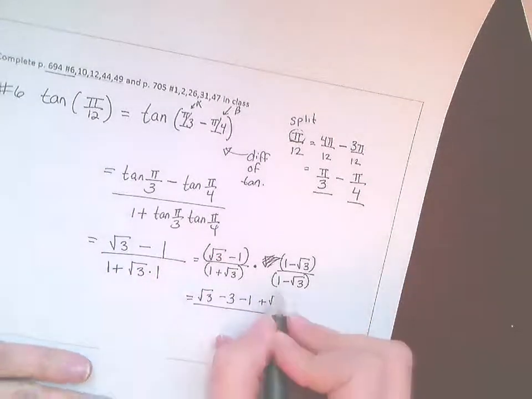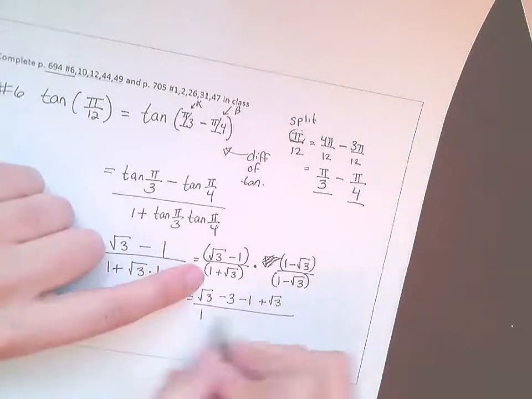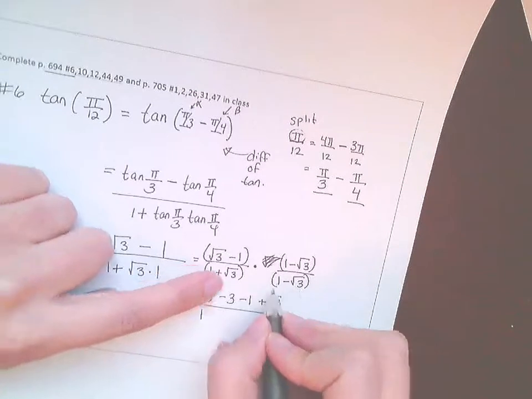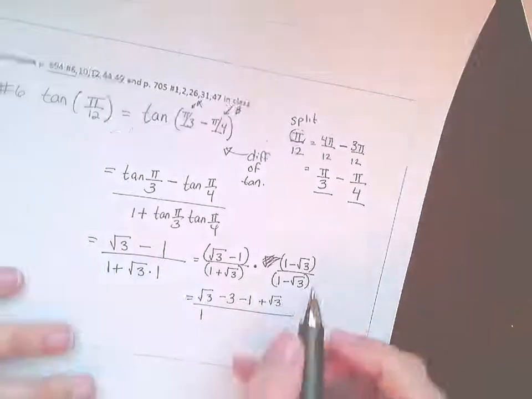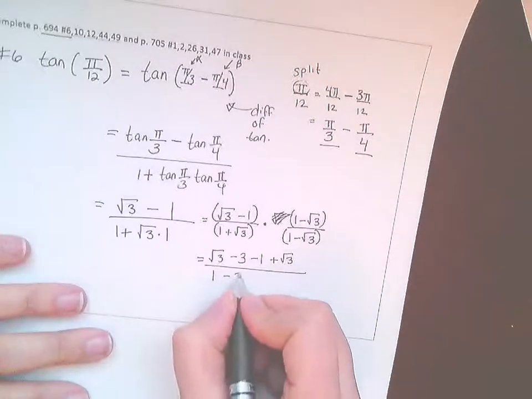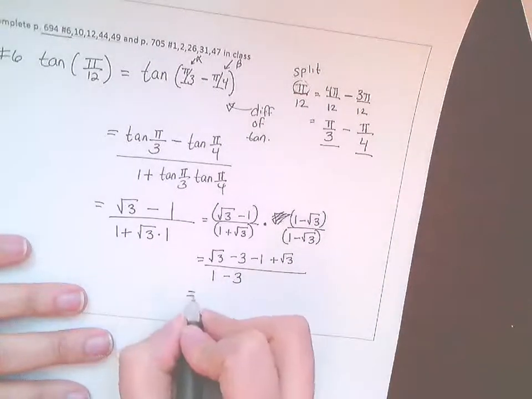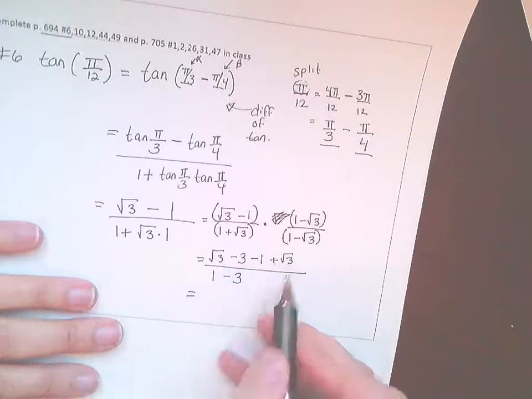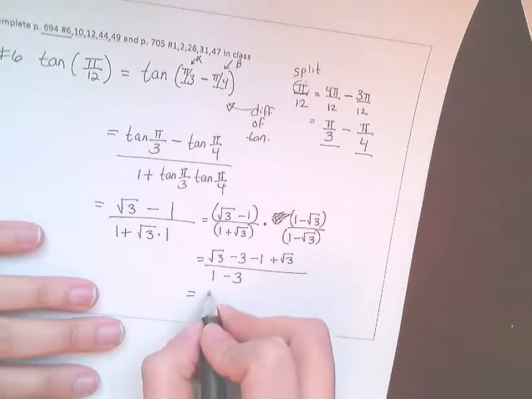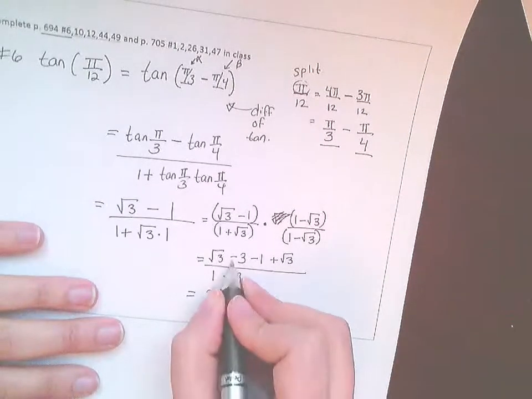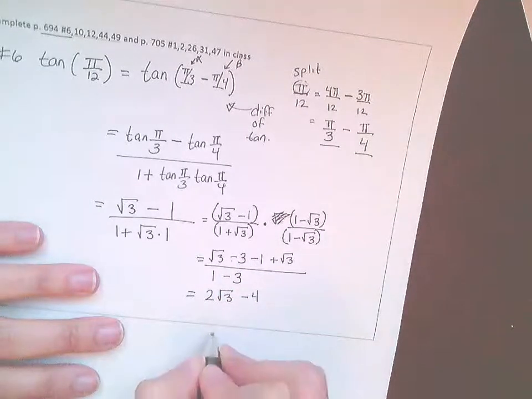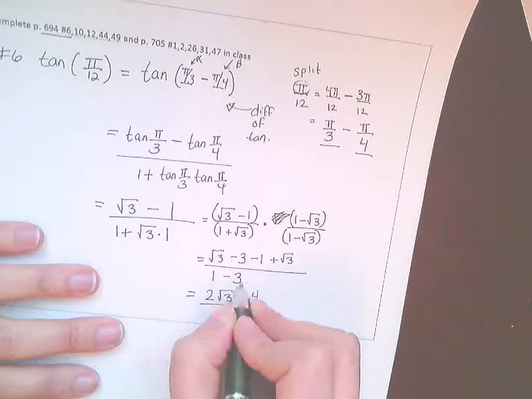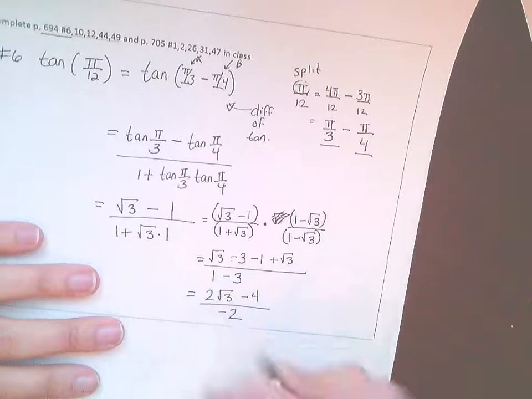All of that is over first 1, outer is minus square root of 3, inner is plus square root of 3, and last is minus 3. Continue to clean this up. So square root of 3 plus square root of 3 is 2 square root of 3. Minus 3 minus 1 becomes minus 4. All of that over 1 minus 3, which is negative 2.